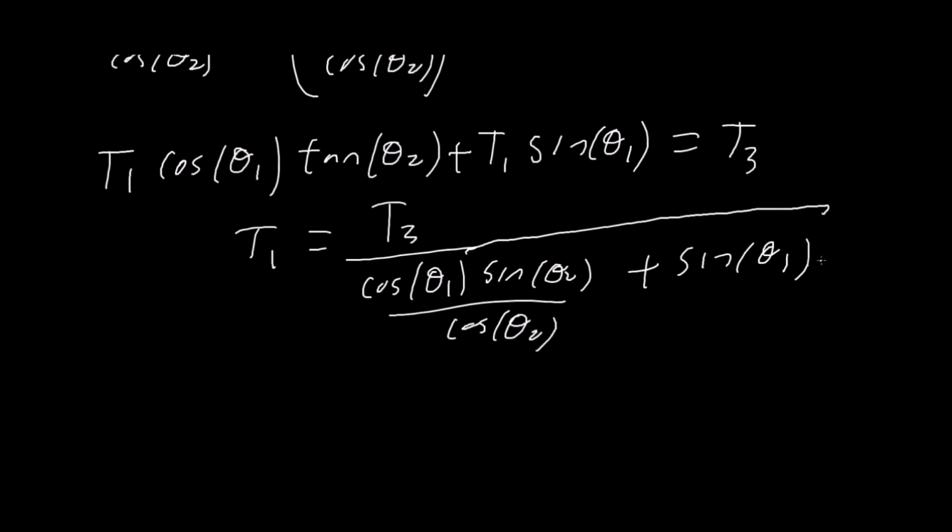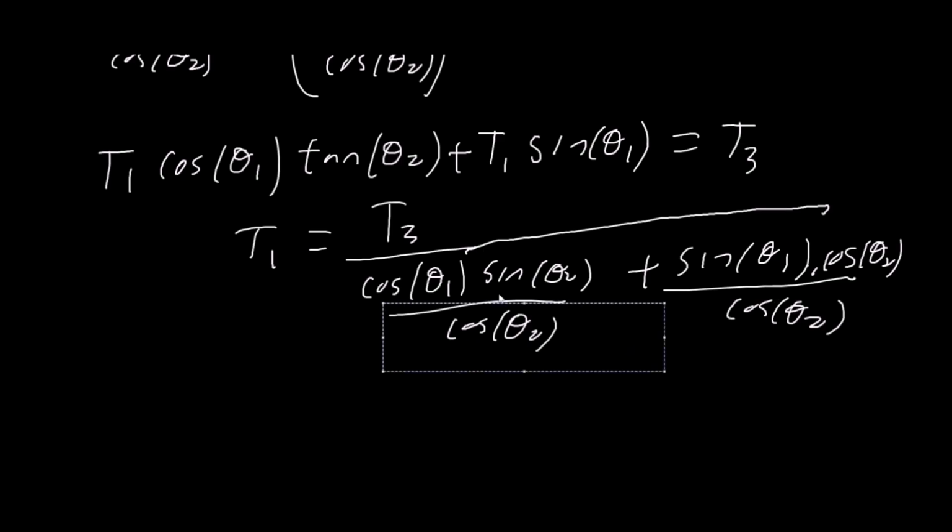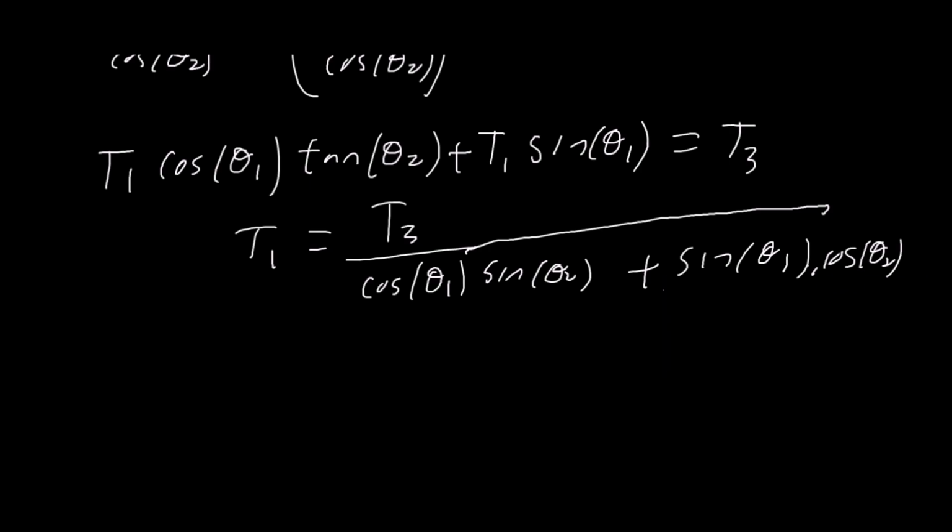So we're going to multiply by cosine of theta 2 on both sides here. Now, since they have the same denominator, these are added, and that gets flipped. So T1 is going to be T3, the weight, or I'm going to call it mg.